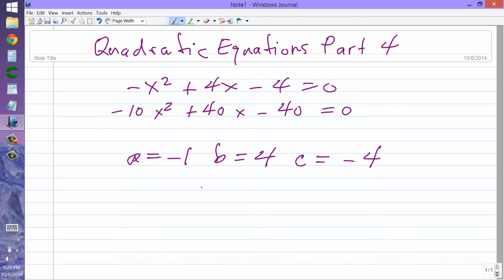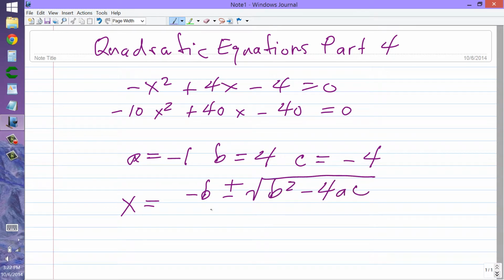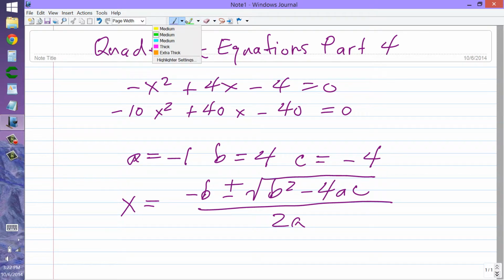So if we take the quadratic formula, what we're going to get is x equals negative b plus or minus the square root of the quantity b squared minus 4ac, divided by 2a. Now let's do a little trick here. Let's multiply this whole equation right here through by negative 1. You'll find out why I'm doing that in just a minute.